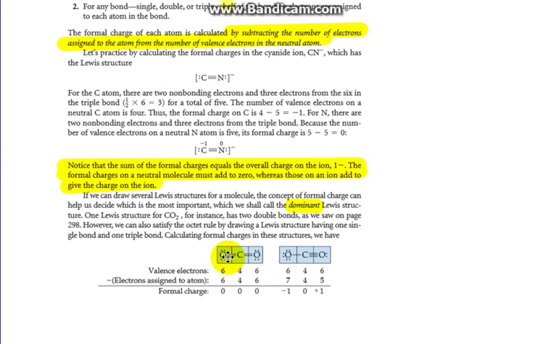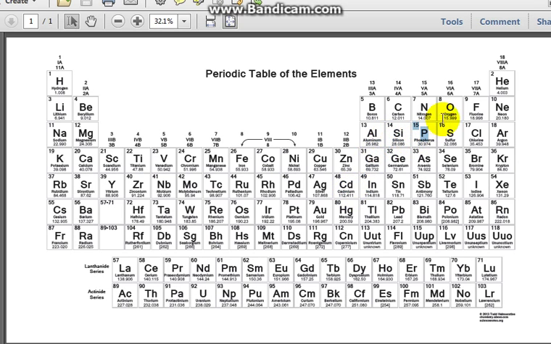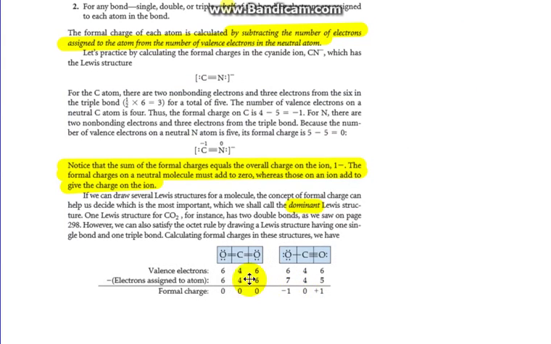So if we look at the valence electrons, oxygen is group 6, so it has 6 valence electrons. Carbon is group 4, so it has 4 valence electrons. So 6 here, 6 here, 6 here, and for carbon, 4 and 4. And if we look at the number of electrons assigned to each atom, so if we look at this oxygen, there's 1, 2, 3, 4 electrons that are not bonded.